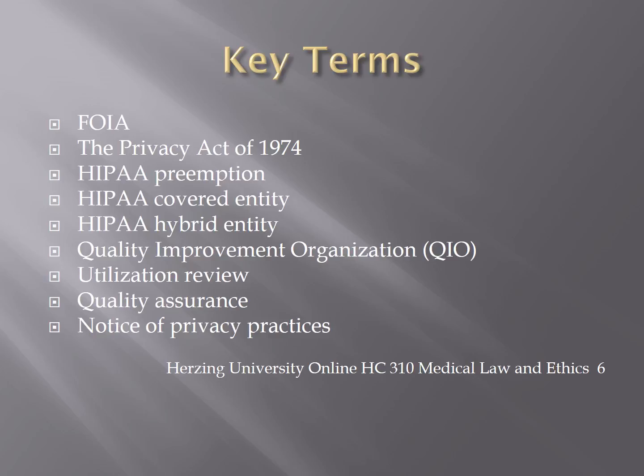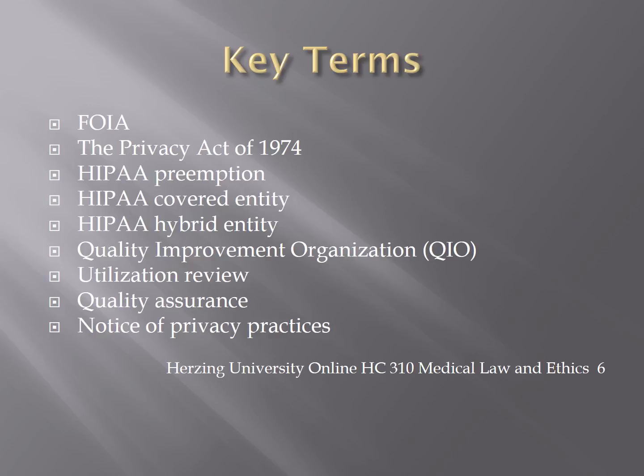More key terms. FOIA, Freedom of Information Act. The Privacy Act of 1974. This establishes a code of fair information practices related to information held on an individual by government agencies. HIPAA preemption.